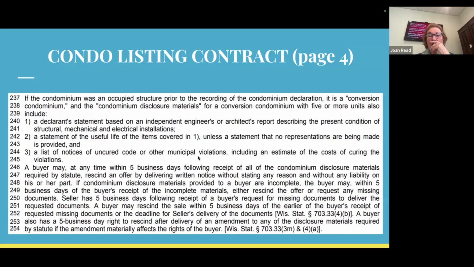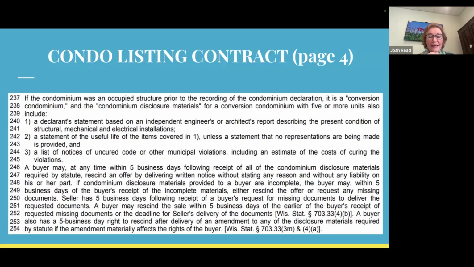So these are important to be added to the disclosure materials if this is a conversion. And as I say, a conversion condominium is one that was occupied prior to recording of the condominium declaration.